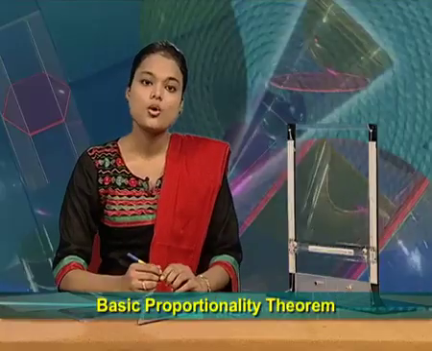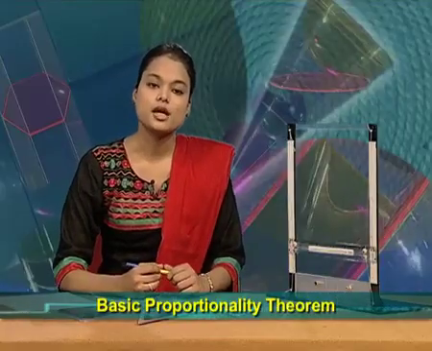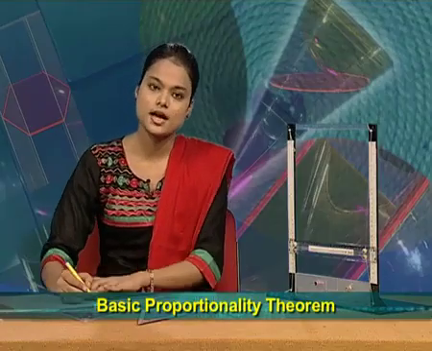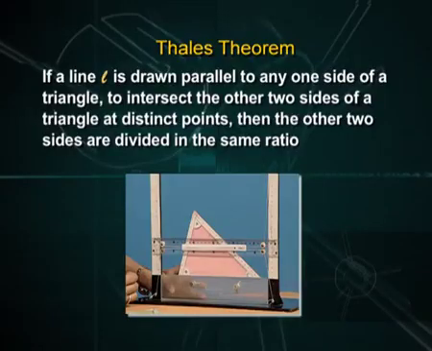Now students, what do you mean by basic proportionality theorem? Basic proportionality theorem states that if a line L is parallel to any one side of a triangle to intersect the other two sides of the triangle at distinct points, then the other two sides are divided in the same ratio.